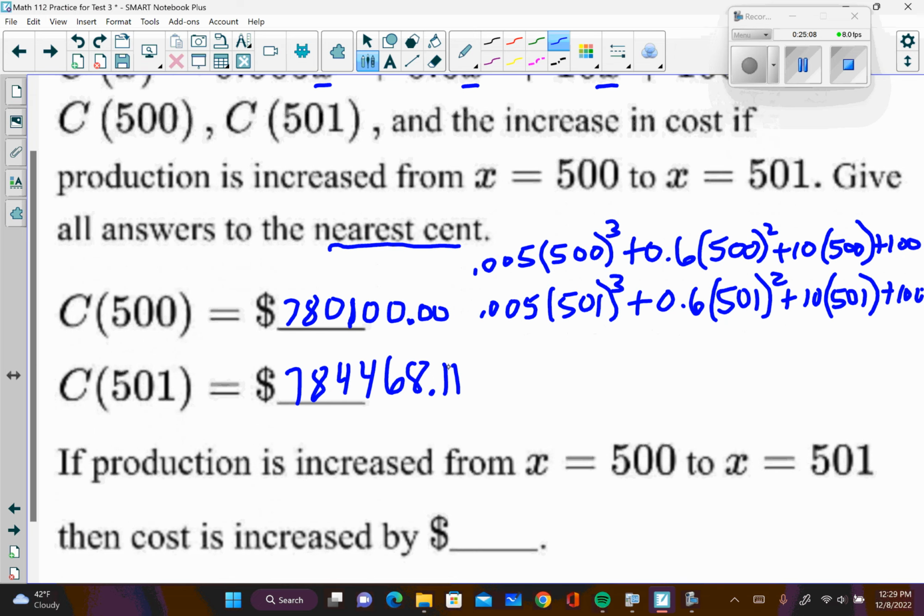If production is increased from 500 to 501, the cost is increased by whatever this amount is, 784,468 and 11 cents, minus what the cost was up here, 780,100 and 0 cents.